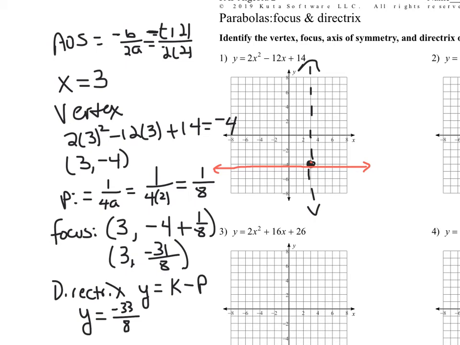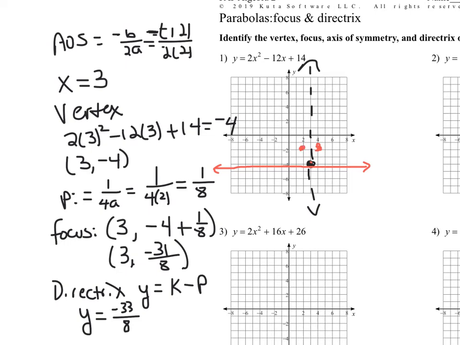And this is all you need to find for this particular problem. The only other thing we want to do is go ahead and draw in a sketch of our parabola. And so we want to put in a couple other points for our parabola. So if I go to the right 1 unit and up 2, I should get another point for my parabola. And if I go to the left 1 unit and up 2, I should get another point.